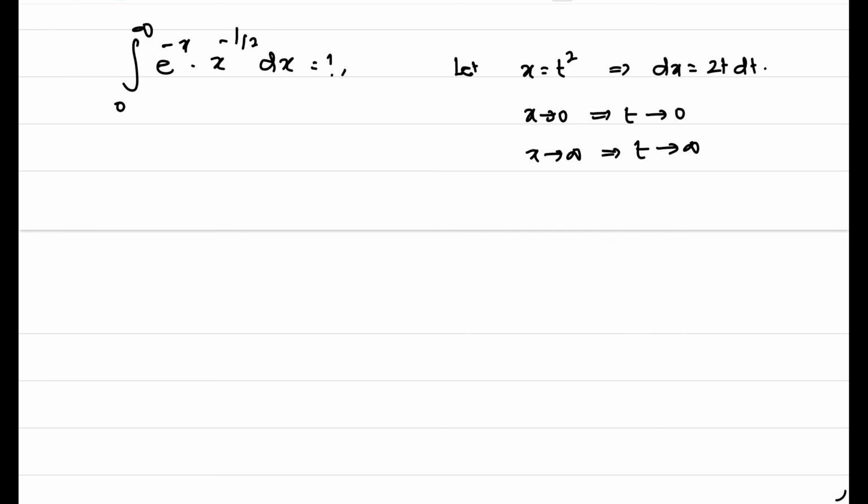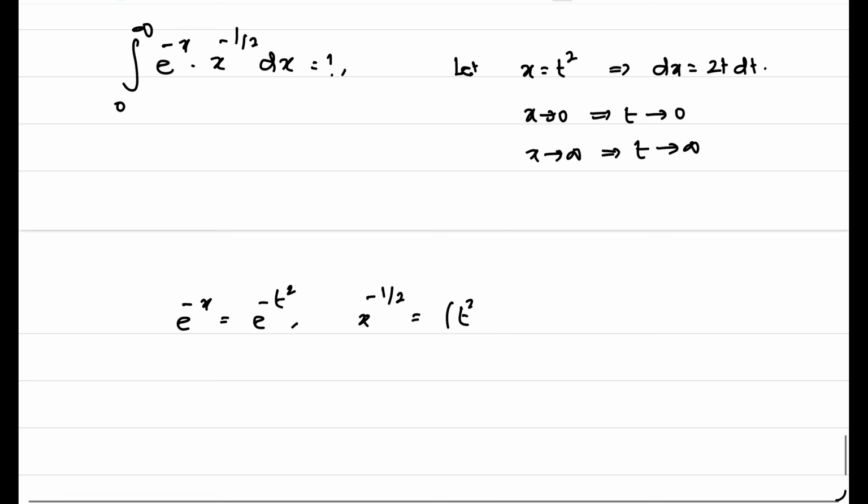Then e to the power of minus x is equal to e to the power of minus t square. Then x to the power of minus half is equal to t square to the power of minus half, that is equal to t to the power of minus 1.